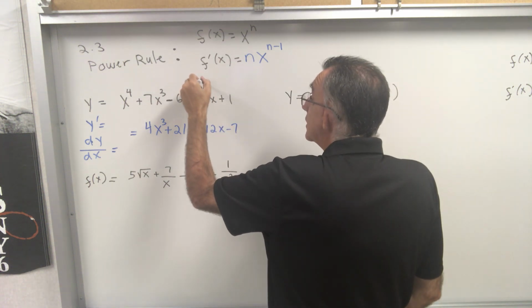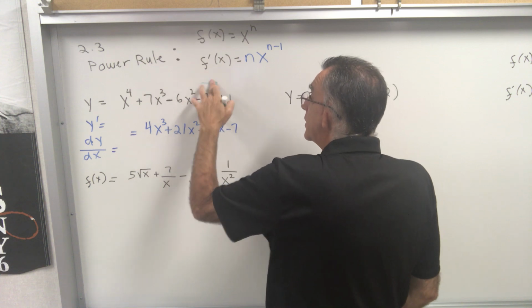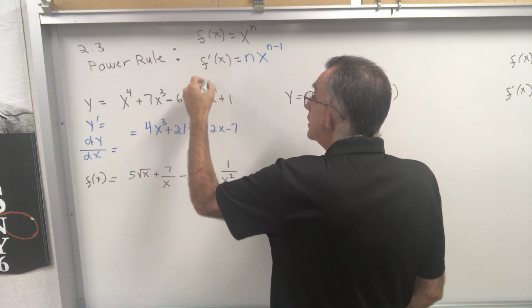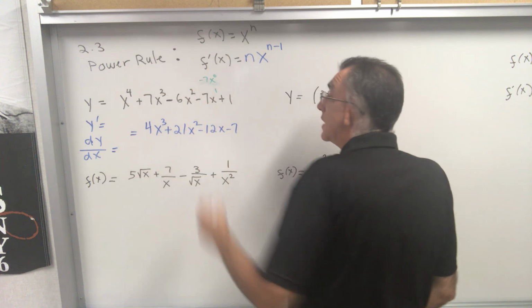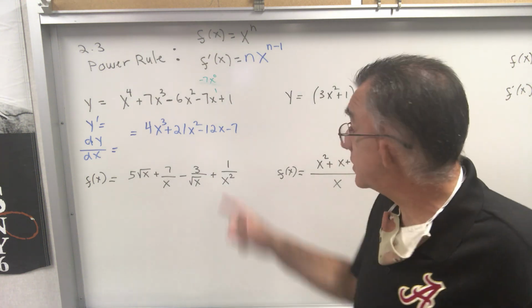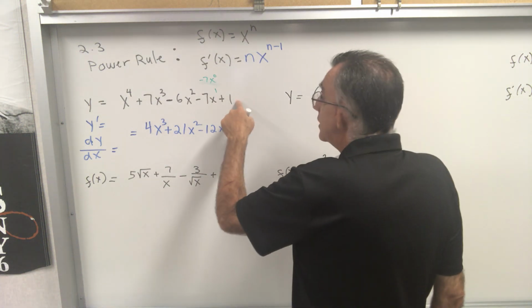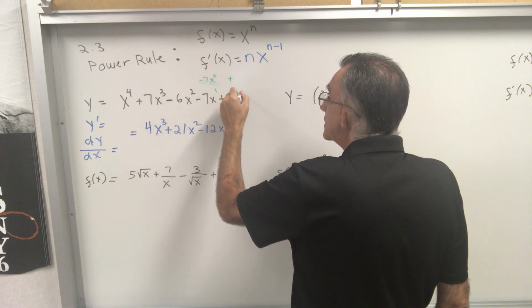You could say that for negative 7x, the rule is you bring the power down, bring the 1 down, and subtract 1. And of course, x to the 0 is 1. 1 times 7 is 7. So it does work. Here, you could argue that this is x to the 0.